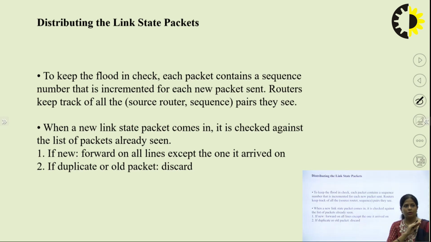Routers keep track of all the pairs they see, that is the source router plus sequence number. When a new link state packet comes in, it is checked against the list of packets already seen. If it is new, it is forwarded on all lines except the one it arrived on. If it is a duplicate or an older one, it is simply discarded, right.